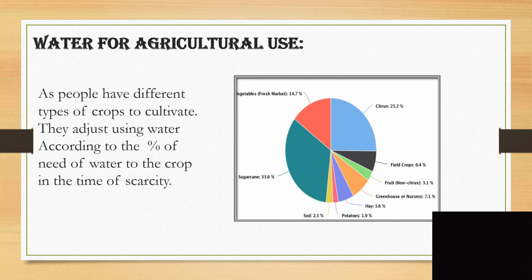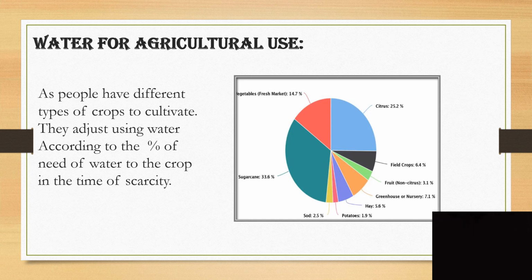Now let's look into the sugarcane. For sugarcane, he is using 33.6% of the water. Actually, it is less than what it needs, but according to the availability of water in the period of scarcity, he is giving more to the sugarcane as it needs more. So now let's look at the vegetables.